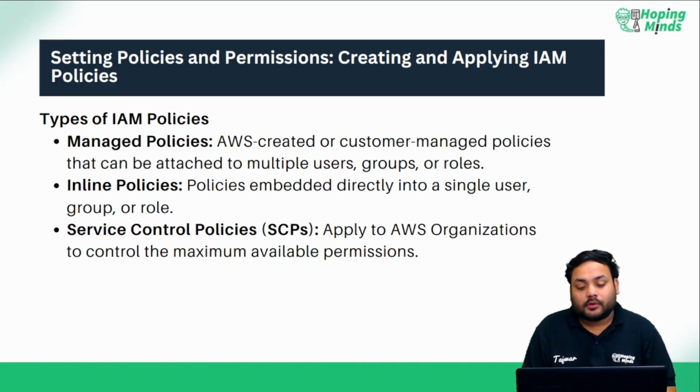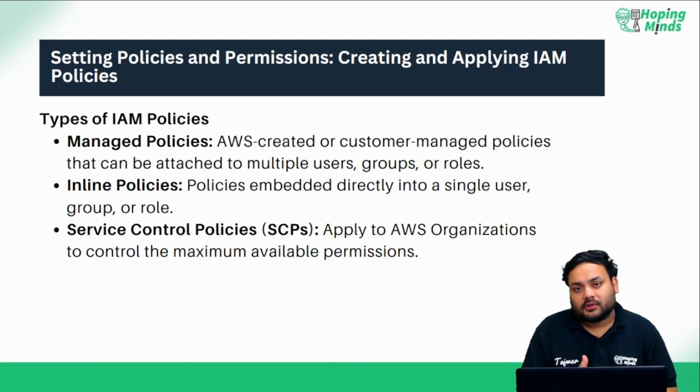When we talk about managed policies, these are policies created by AWS, or customer managed policies, that can be attached to multiple users, groups, or roles. These are standard policies which we create as a user, or as an admin, so that we can attach them to multiple users, groups, or different roles. Then we have inline policies. These policies are embedded directly into a single user, group, or role.